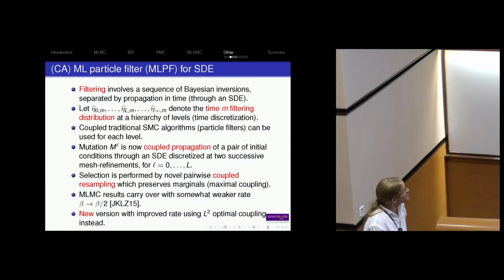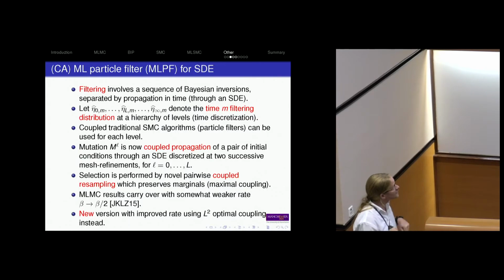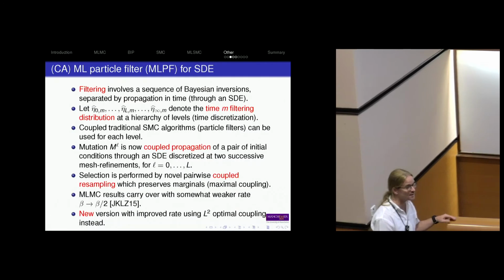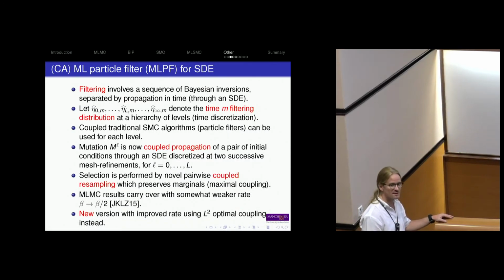The selection is the resampling that causes the trouble. You have this coupled propagation, so your trajectories are coupled. Then you reweight, but we all know that you can't just keep running a particle filter without ever resampling. So at the resampling time we have to figure out how to keep the particles coupled. We use a maximal coupling.